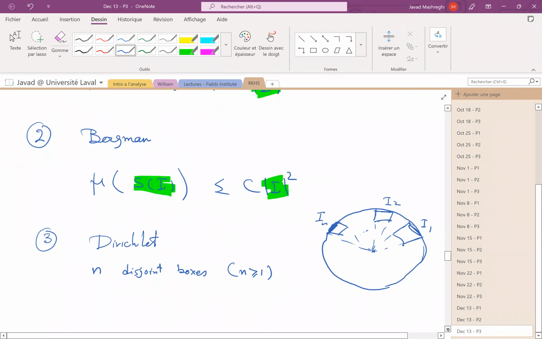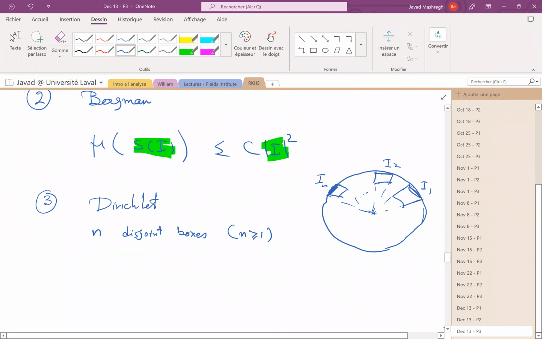That's the first thing. And the second is that the measure of the union of these boxes, the union over k from 1 up to n of S of Ik, is controlled by a constant.